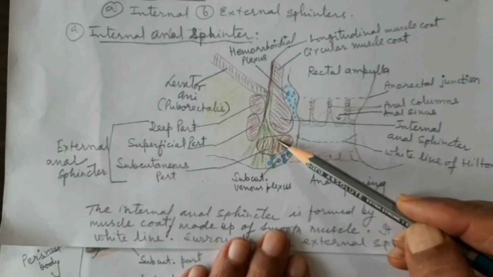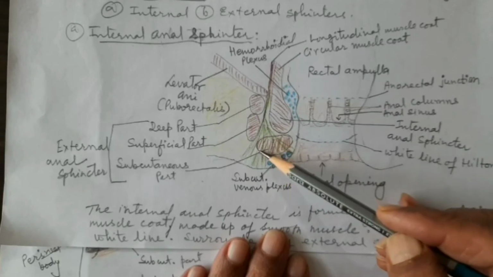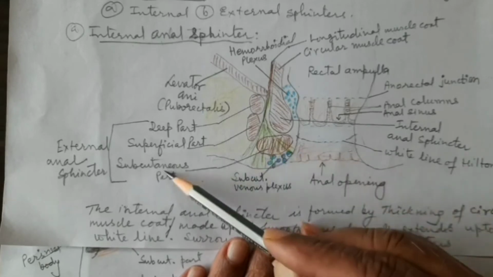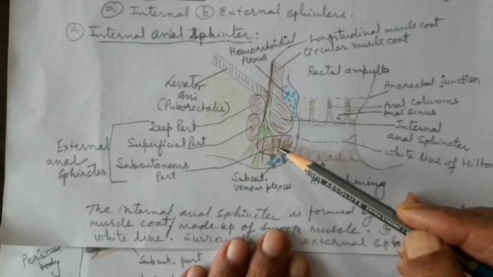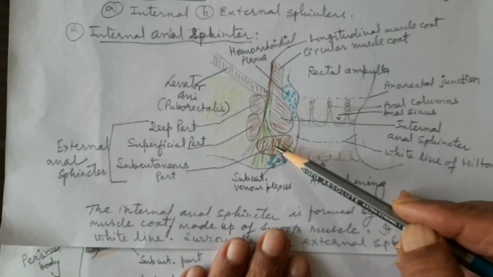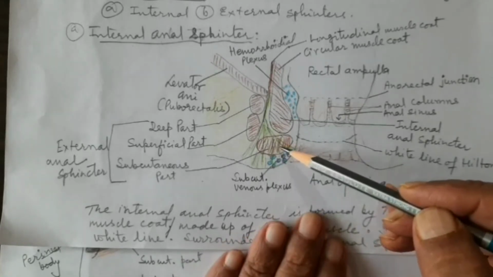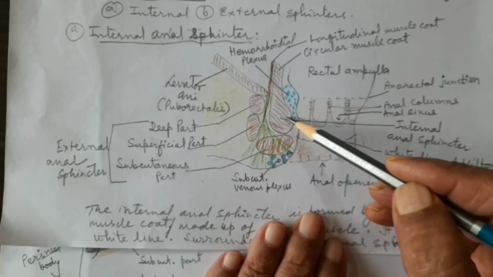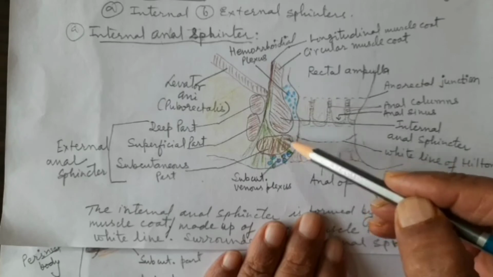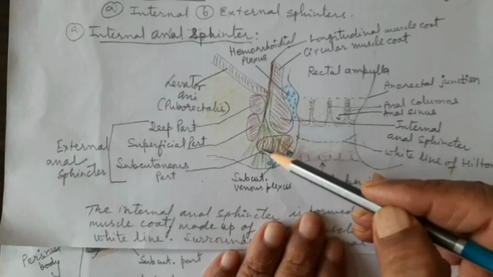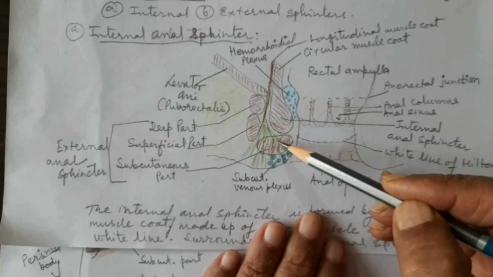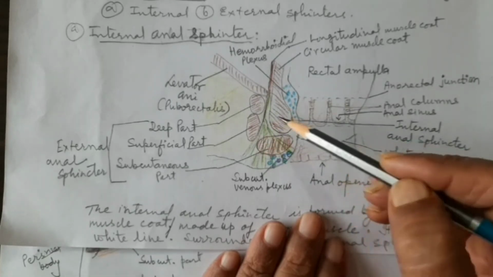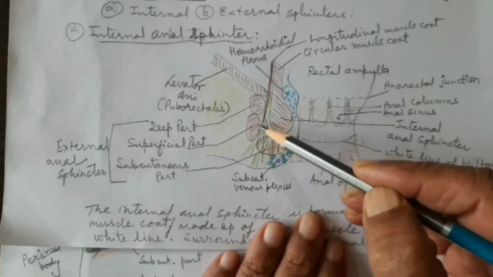This part lies just beneath the skin, hence it is called the subcutaneous part of the external anal sphincter, and it is made up of skeletal, striated muscle. It lies superficial to the internal anal sphincter, just beneath the skin, hence it is the subcutaneous part. The other two parts lie lateral to the internal anal sphincter.